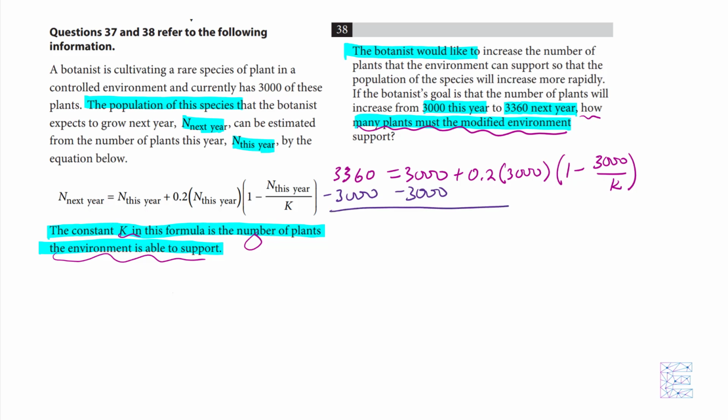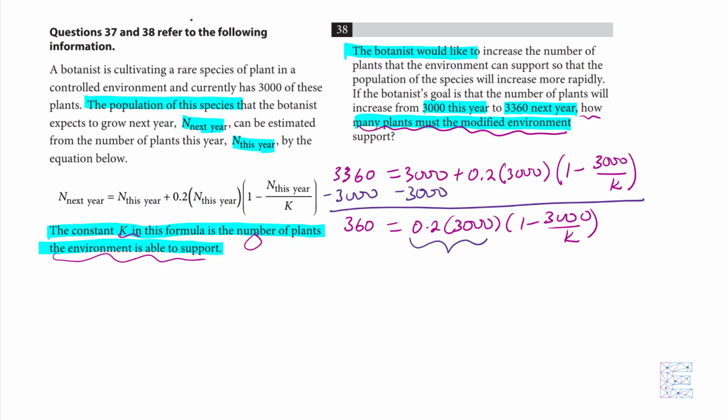And you'll find that the remaining equation is going to be 360 equals 0.2 times 3,000, quantity 1 minus 3,000 over K.